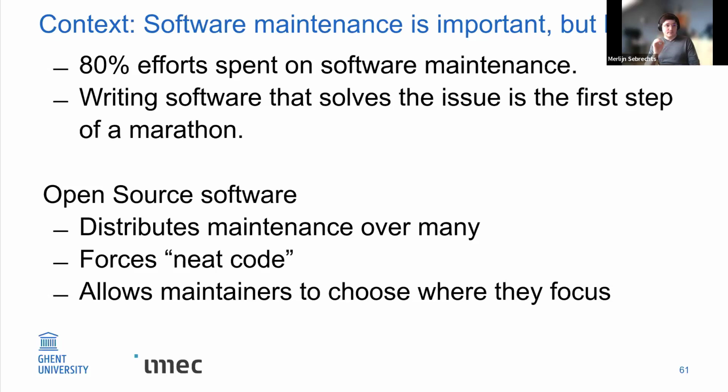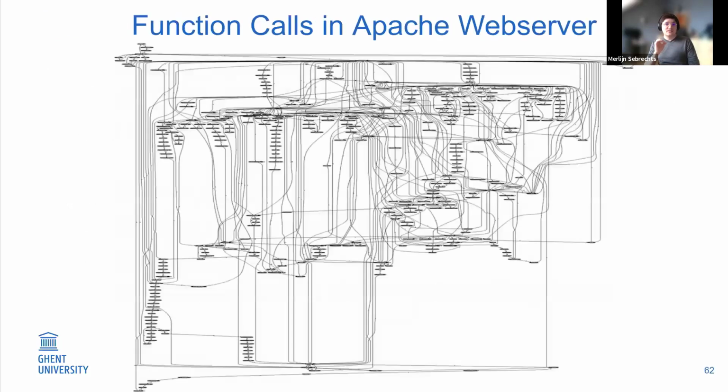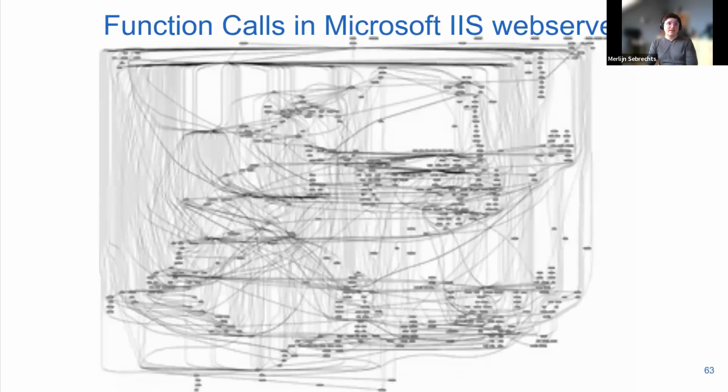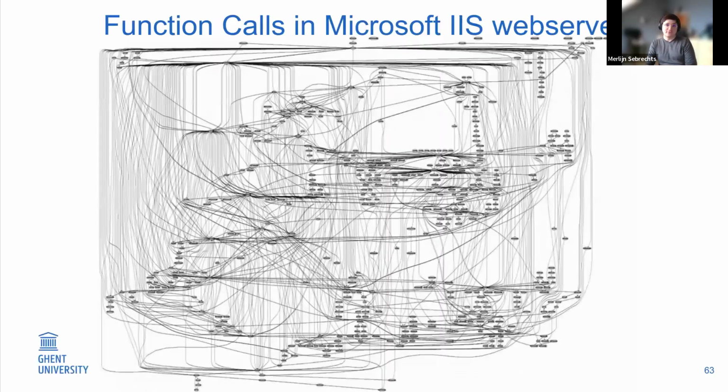As an example, let's take a look at the Apache web server. This is a visual representation of how the different functions in the Apache web server connect with other functions. And this looks like a mess. This looks quite complex until you compare it with the Microsoft web server.